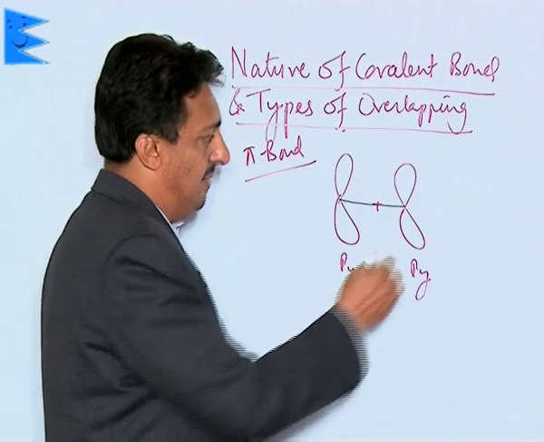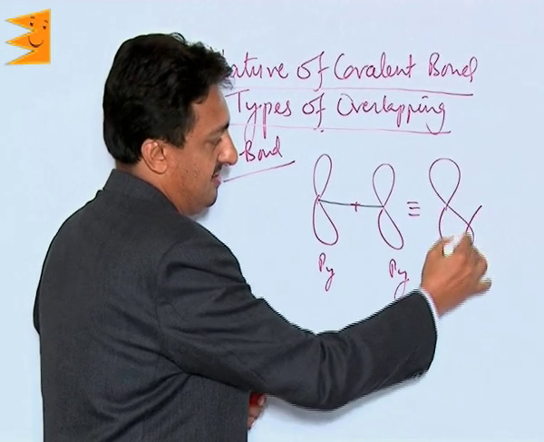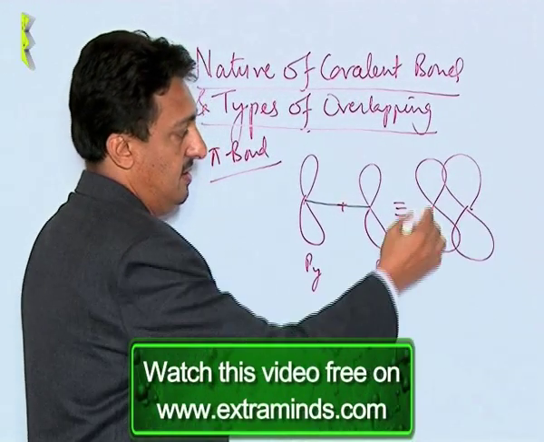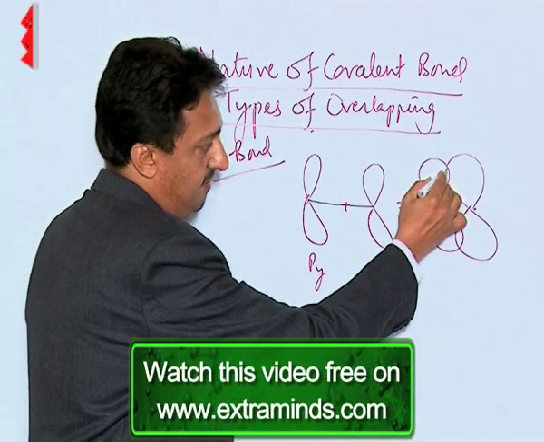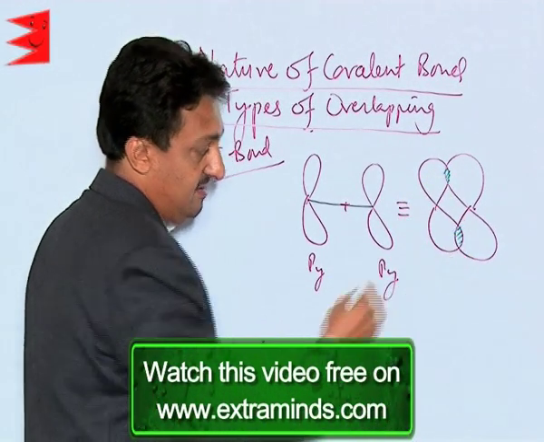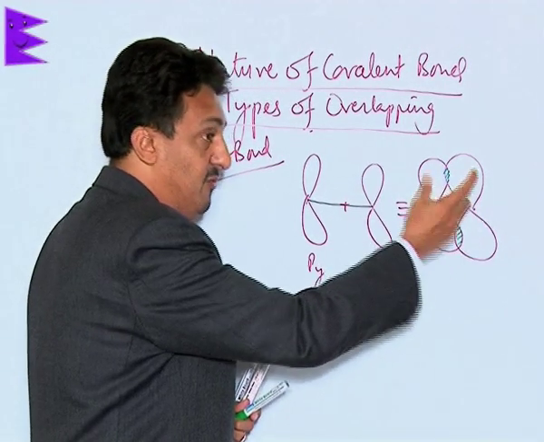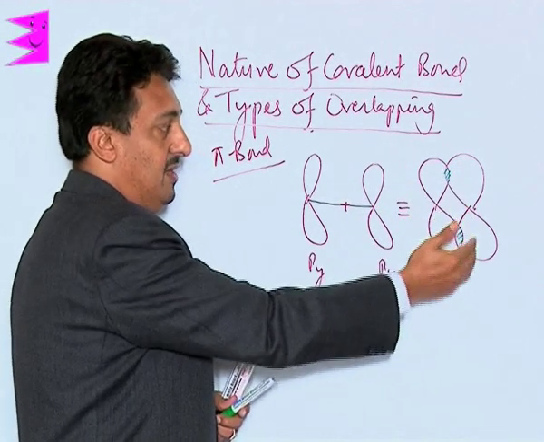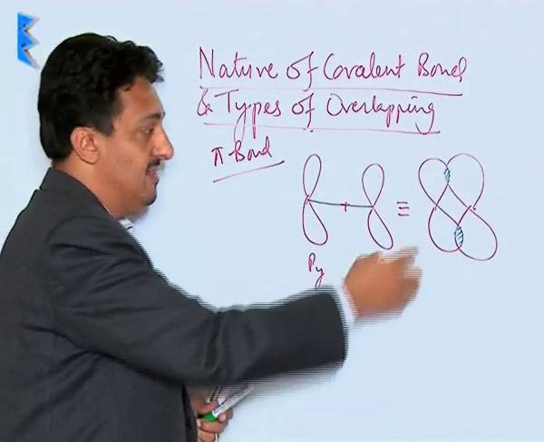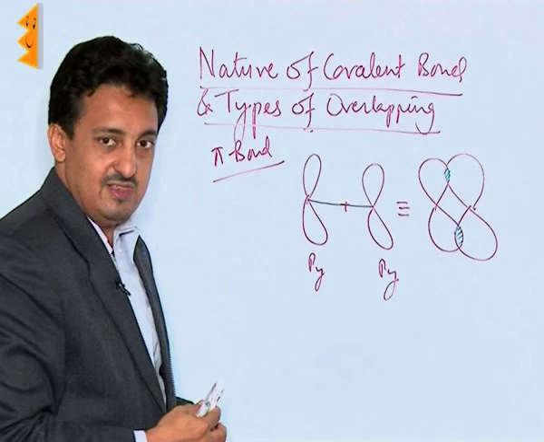So when they overlap, they have an overlapping like this. This is a very small extent of overlapping. Don't consider these two overlappings to be the formation of two bonds. These two lobes indicate the overlapping can be upward and downward, and since it's a lateral or sideway overlapping, the extent of overlapping is very, very small.